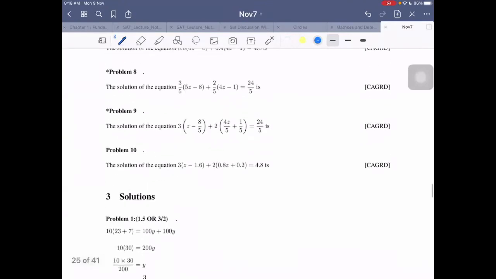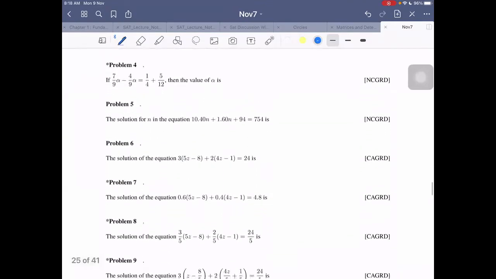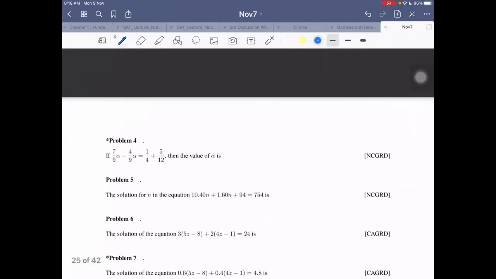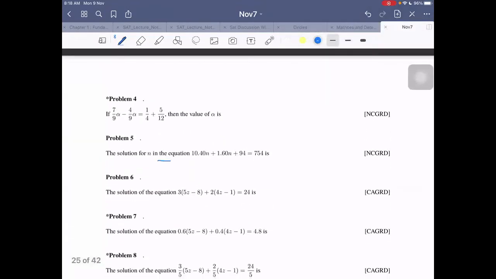So let's go to the next question, which is question number 5. The solution of n in the equation 10.40n plus 1.60n plus 94 is equal to 754.